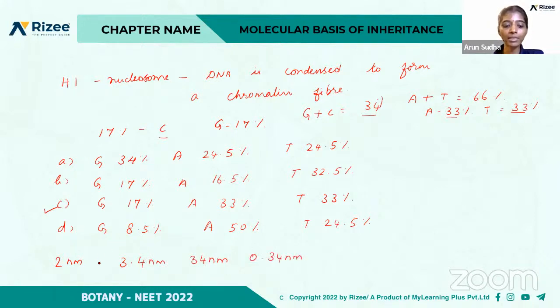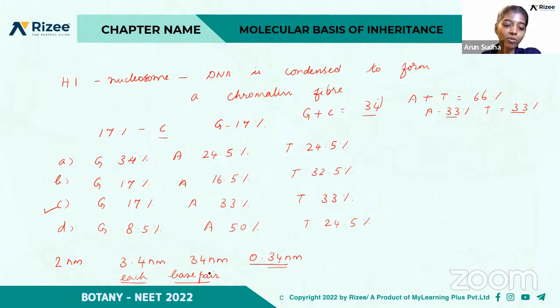The question is the distance between each base pair. It is 0.34. So be clear with the question. Okay, then you answer. D is the right option.